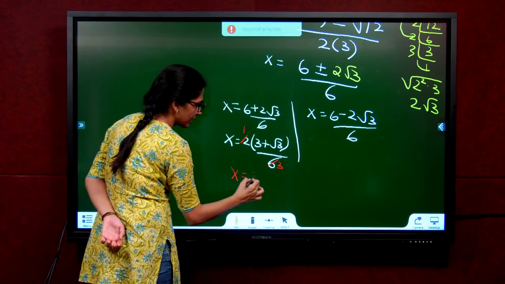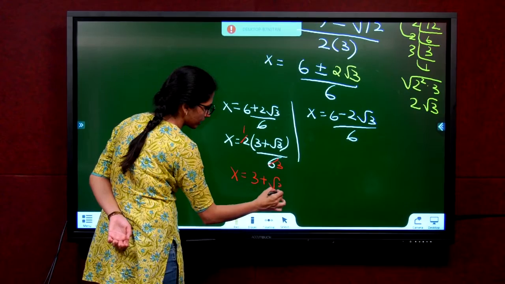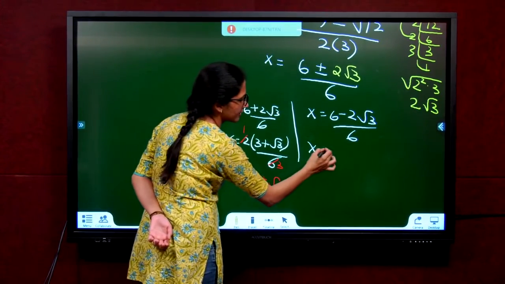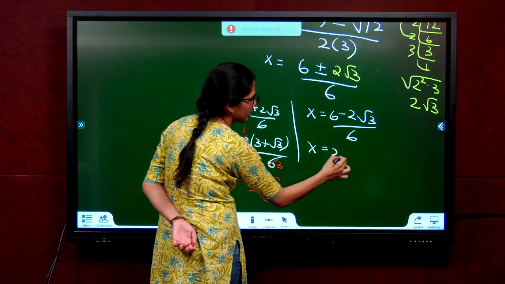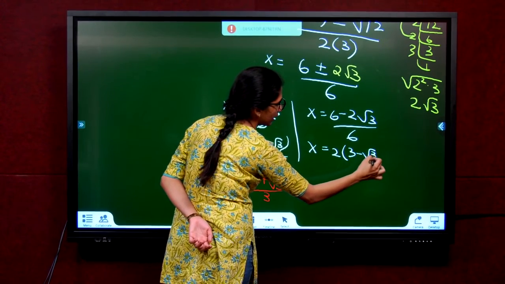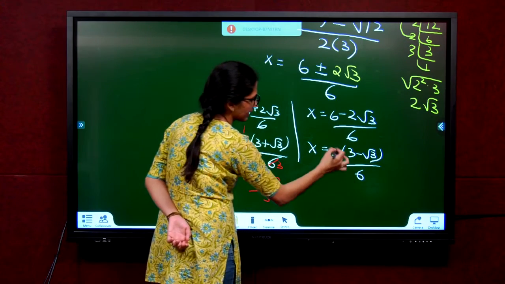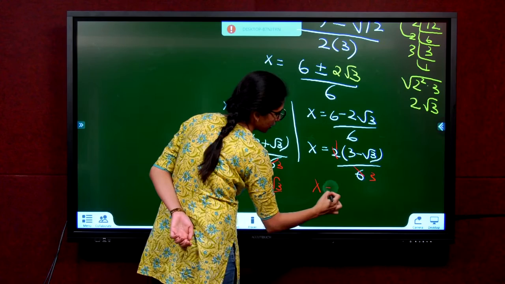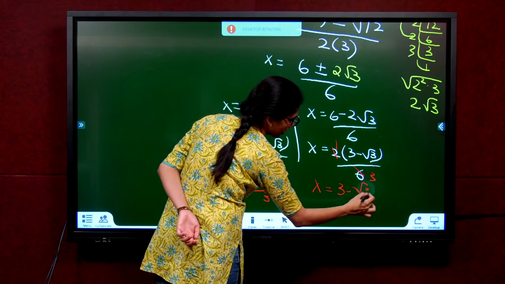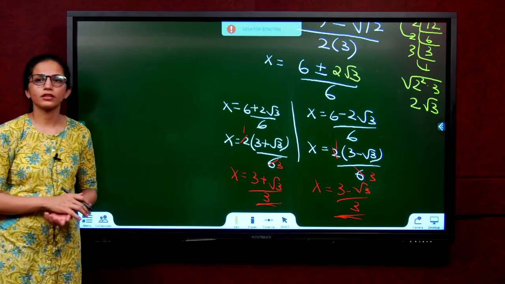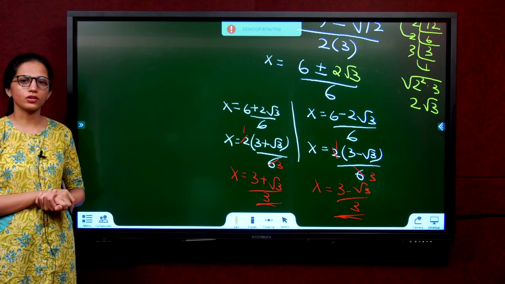So x is 3 plus root 3 by 3. What happens here? x is equal to, take 2 common again, 3 minus root 3 by 6. 2 and 6 cancel. So you're left with 3 minus root 3 by 3. So these two are the roots of the given quadratic equation.